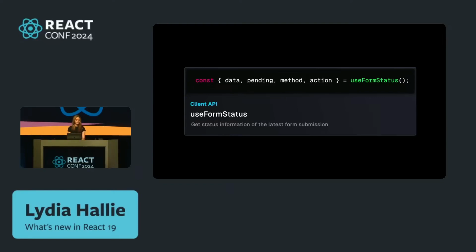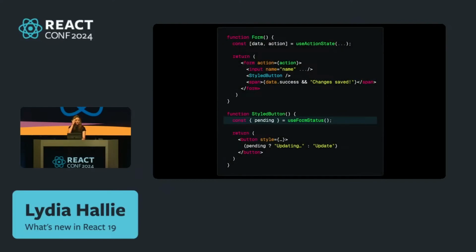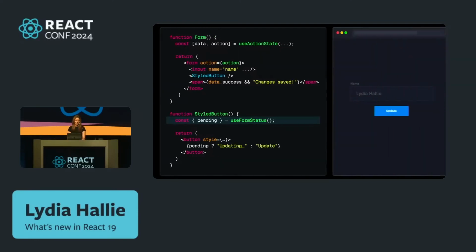So this returns an object which includes the form data that's currently being submitted and also the transition's pending state. So the useFormStatus hook uses the action data from the parent form, similar to how contexts work. So we can use this hook within components that are rendered within forms, and it will just directly access the values of the action.